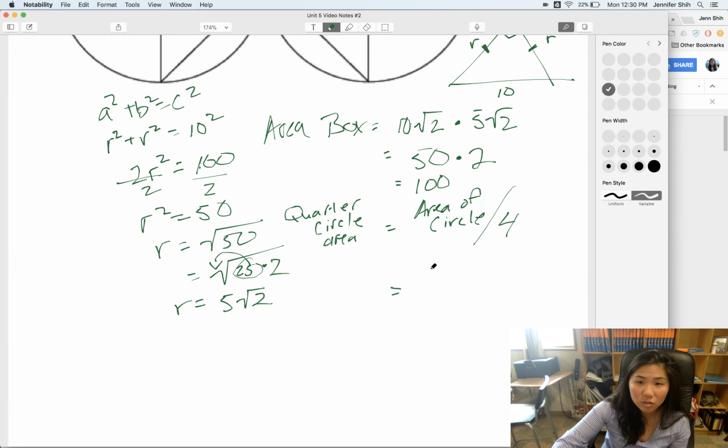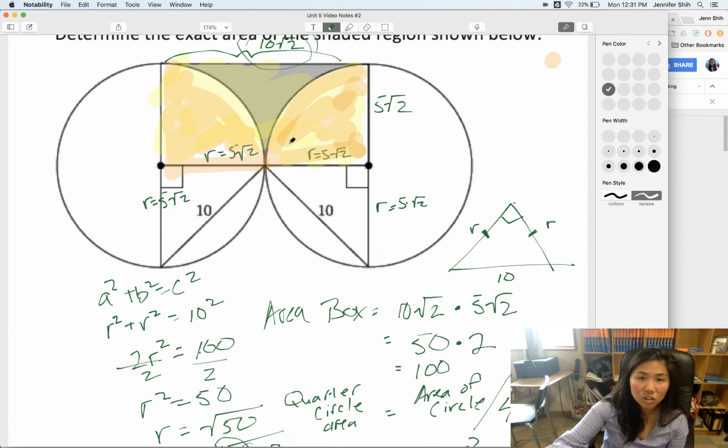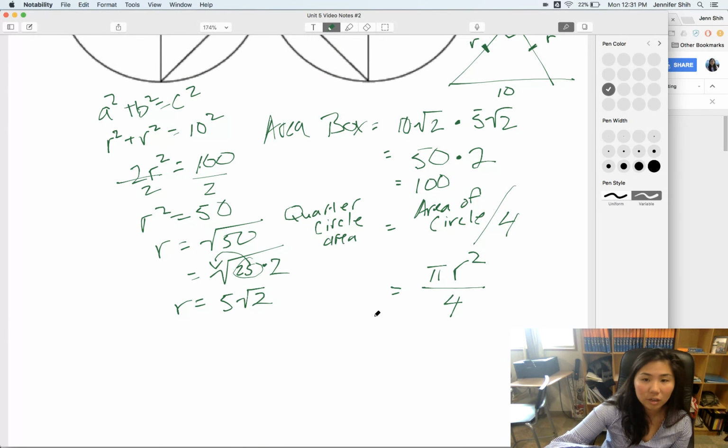So the area of a circle is pi r squared. Remember Pi Day? Everyone loved celebrating Pi Day. Yeah, this is the real version of it, okay? If we divide by 4, it's because each of these orange sections, there's 2 orange sections, is just a quarter of a circle. All right, so we know what our radius is. Our radius is 5 root 2, squared, over 4.